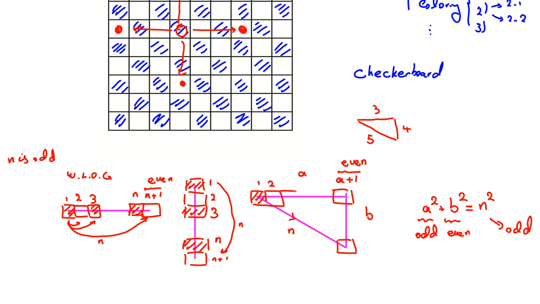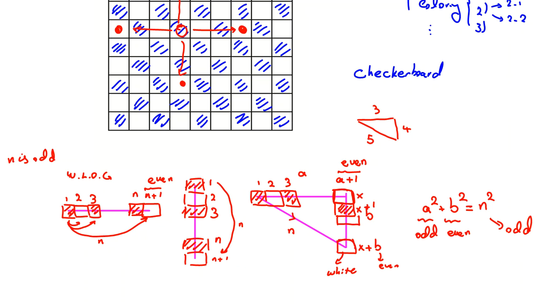Because it is even, the second is white, the third is black, and this one will be white. Now say this one is x, then the next is x plus 1, and after b units it will be x plus b. x is white, x plus 1 is black. Because b is even, it is similar to x plus 2. x plus 2 is white, so x plus b is also white. So here it is black, and here it is white. So we proved, also in the oblique case, in the general case, that the colors of the old square and new square of a piece are different.